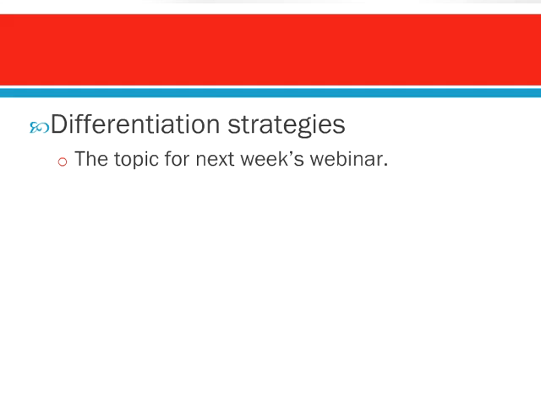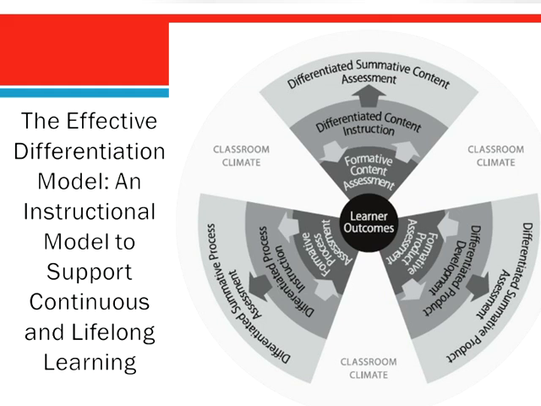And the last part is the differentiation strategies. What are some of the techniques or strategies that you can use to make differentiation real in your classroom? And of course, we're going to talk quite a bit more about that next week. So if you look at that model, I hope that you can take some of the things that we've talked about tonight and see where they are placed into that model, because this is what it's all about.